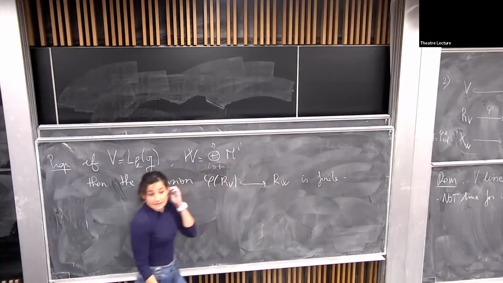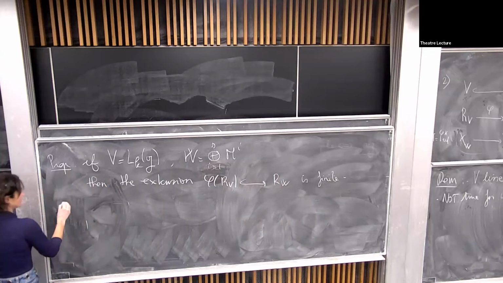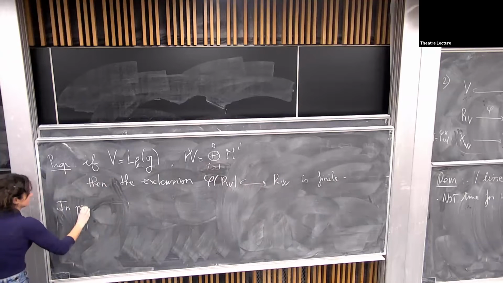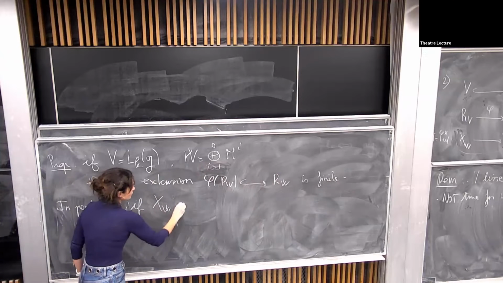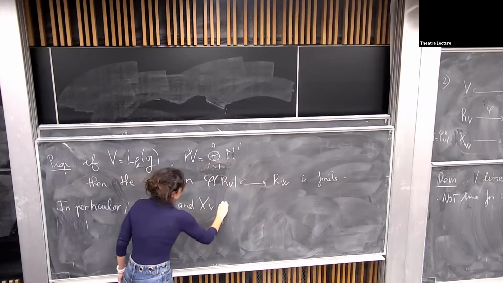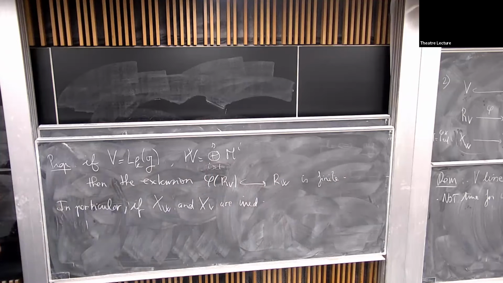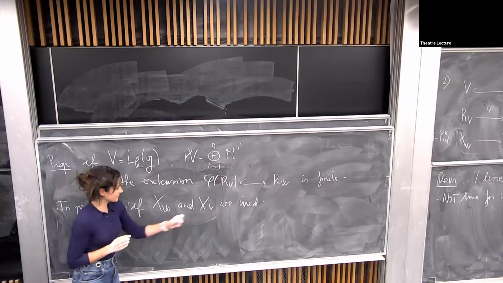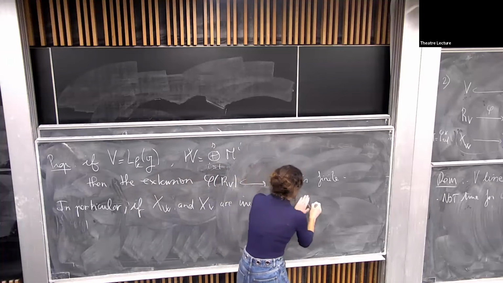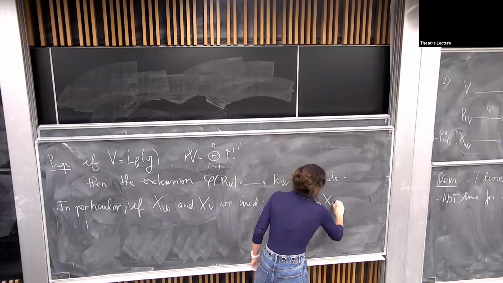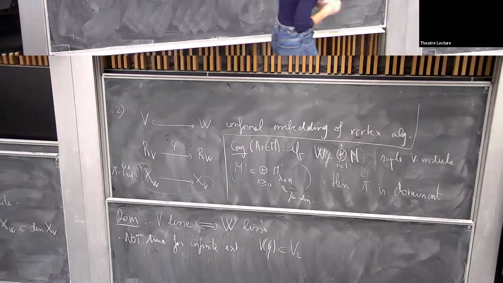So this is not enough, but at least it implies, in particular, if X_W and X_V are irreducible, that we conjecture to be true for the case they have only finitely many symplectic leaves, then the dimension of this one is always smaller, at most the dimension of X_V.